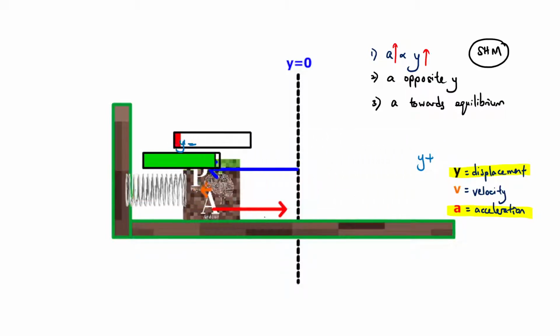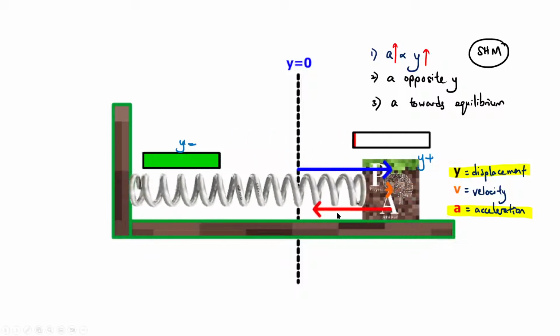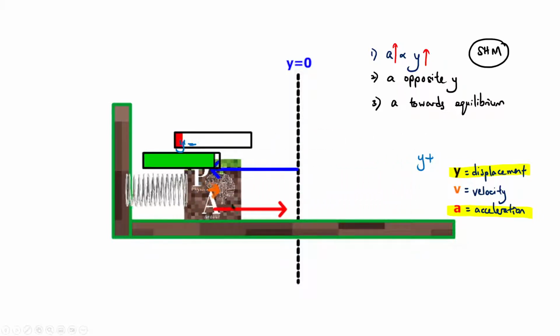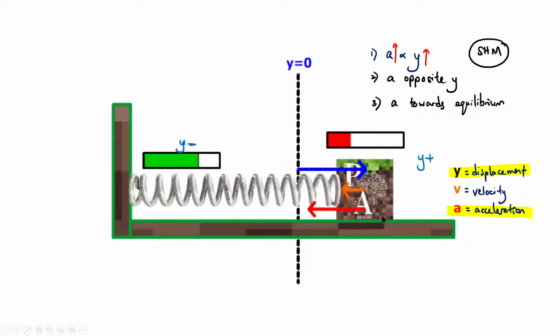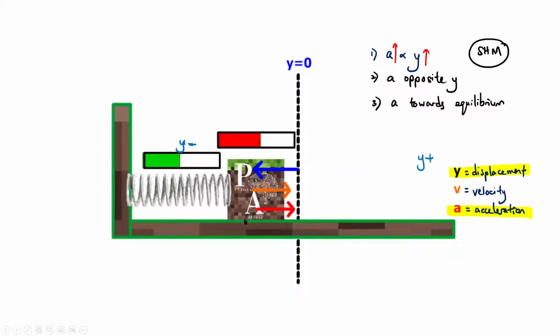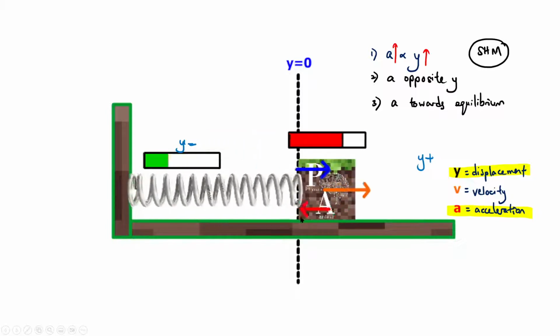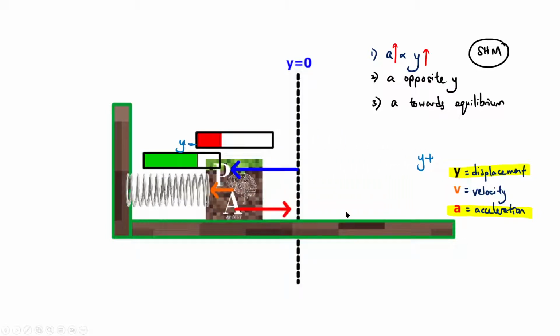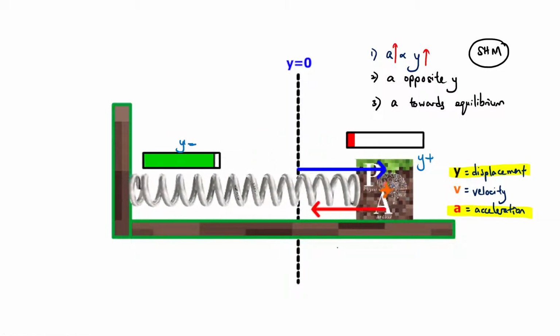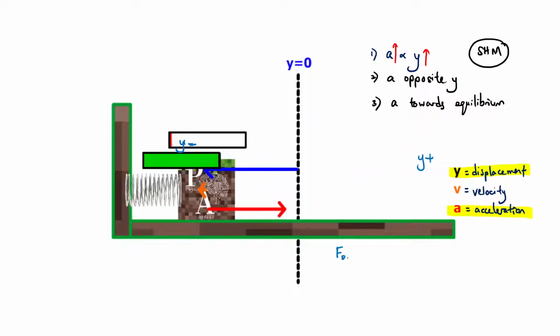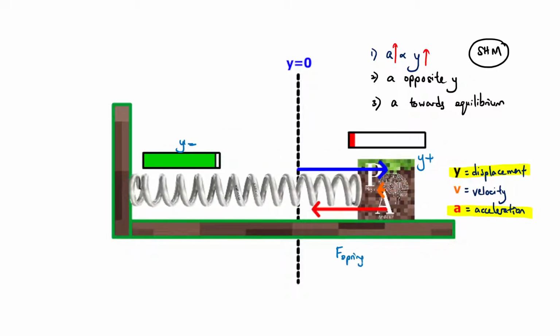Okay, look at this red line. Some of you may ask, why is acceleration always towards equilibrium? This one you must ask about the force in the spring.